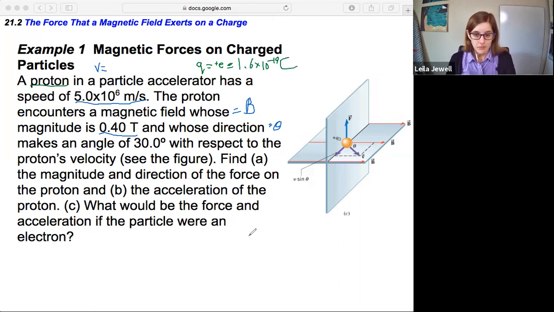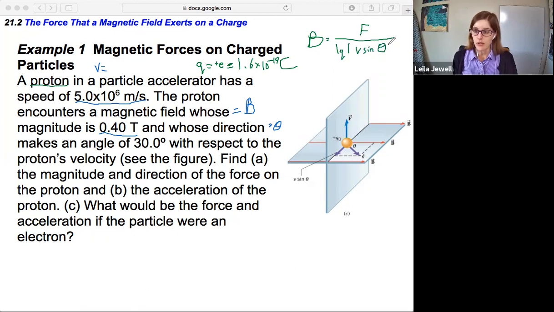So we're trying to find the force and the acceleration. What tools might help us out there? One is the equation we just got, right? We had it in terms of magnetic field, that B is equal to the force divided by the magnitude of the charge, divided by V sine of theta.